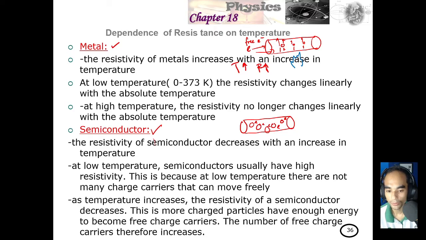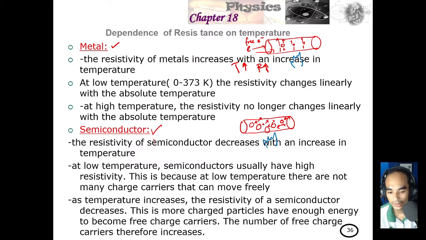So when you heat up the semiconductor, there are more electrons that are free, because they are not bound to the nucleus anymore.